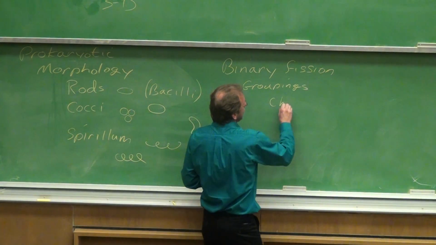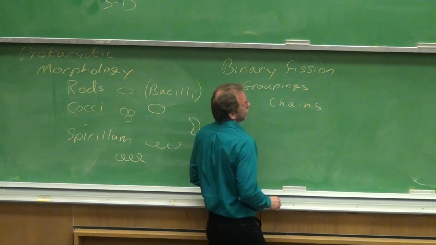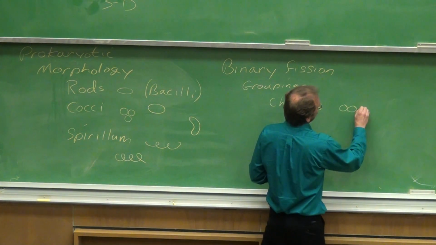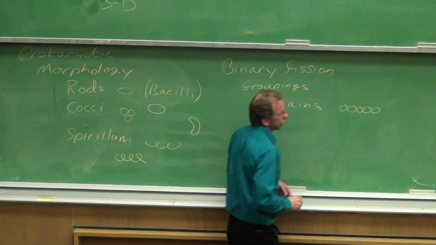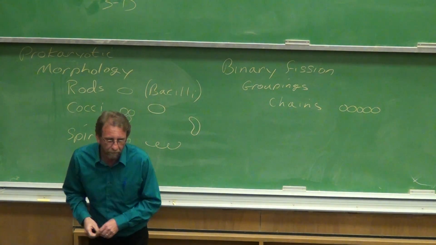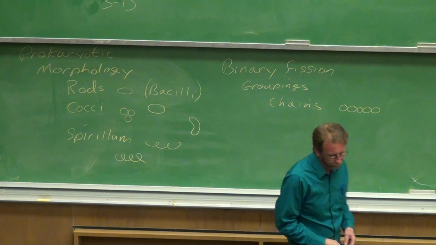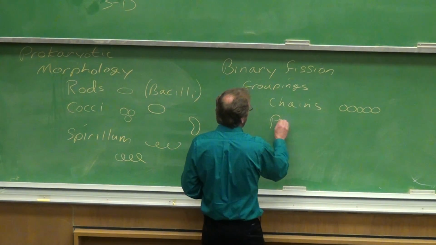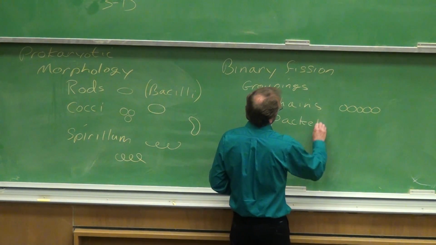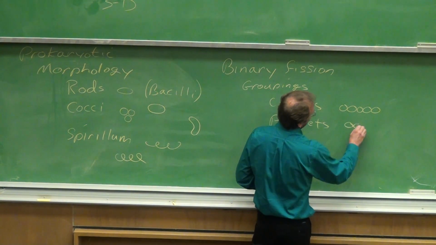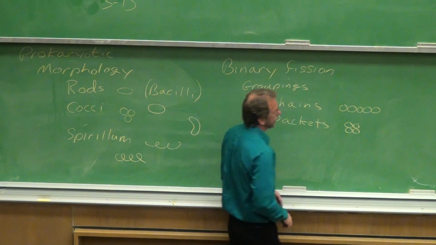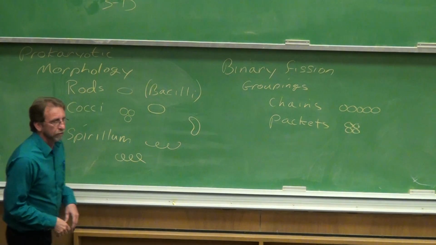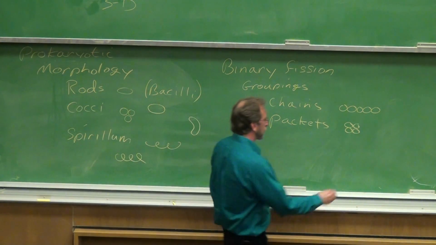You can get chains that form where the cells don't separate. You can get packets that occur where the divisions are perpendicular, and so you get very regular packets of cells.